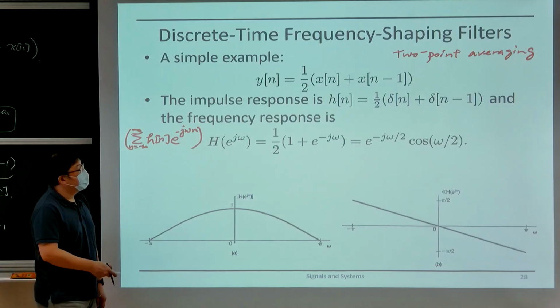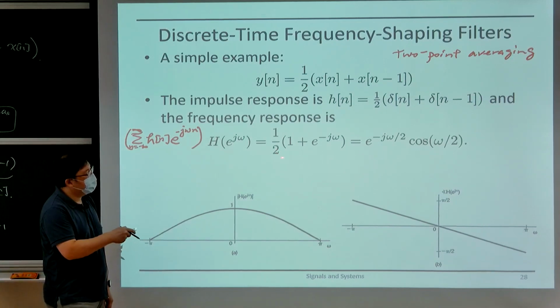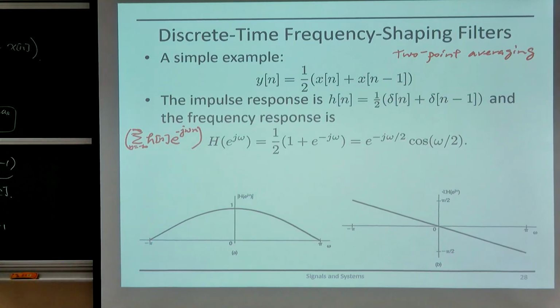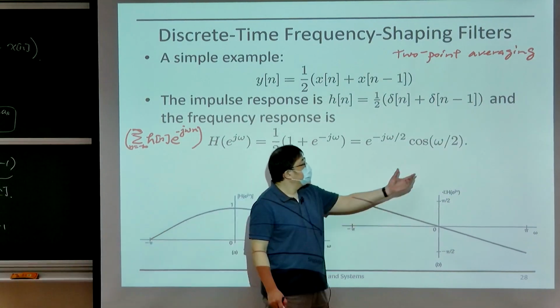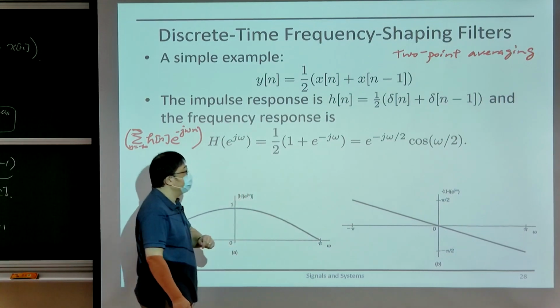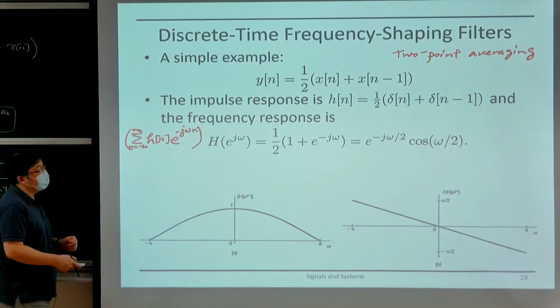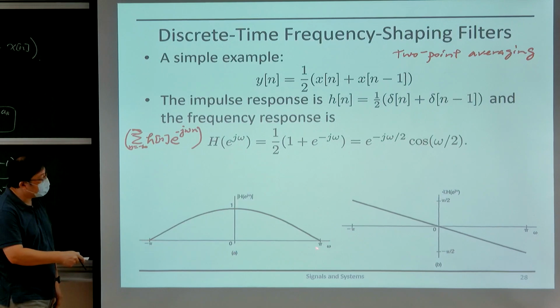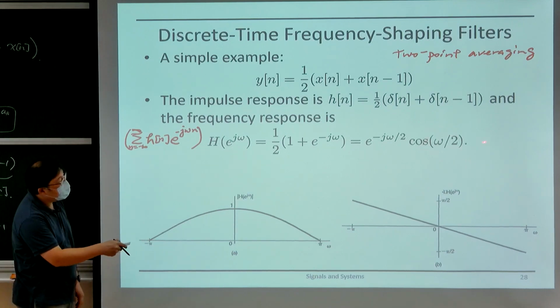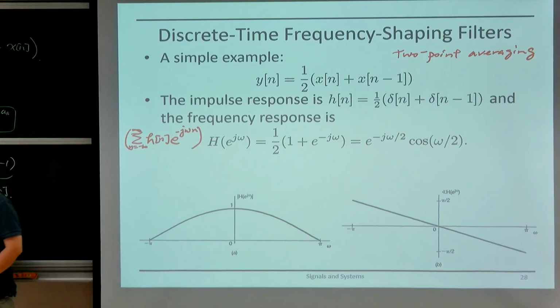So you can change this into this by bringing out this common term outside. If you're looking at a 2 pi range, that is from minus pi to pi, then this will be the magnitude, and this will be the phase component.